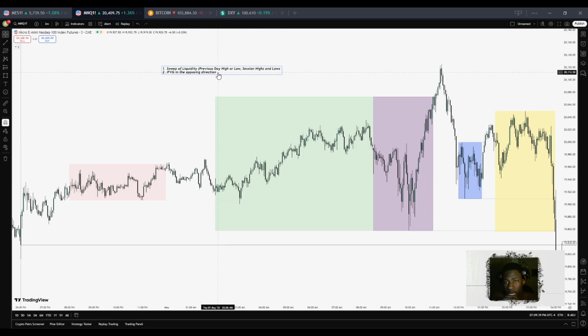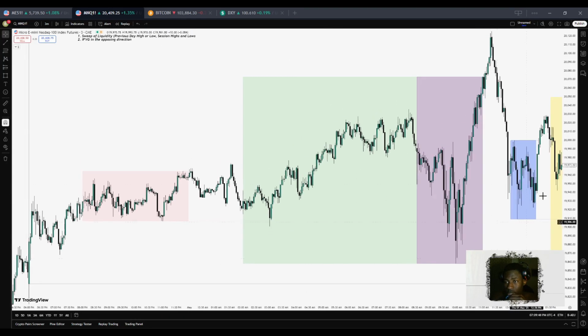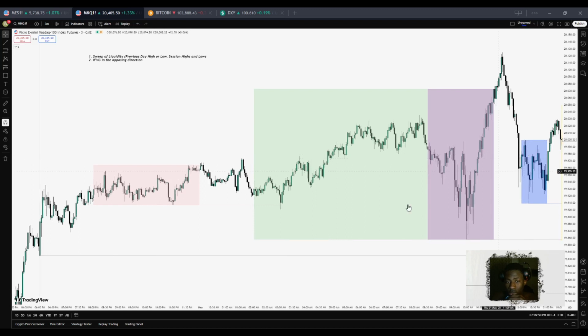So on the chart right here, scrolling to the left-hand side, we're gonna analyze just this section. Let me introduce you to this indicator.